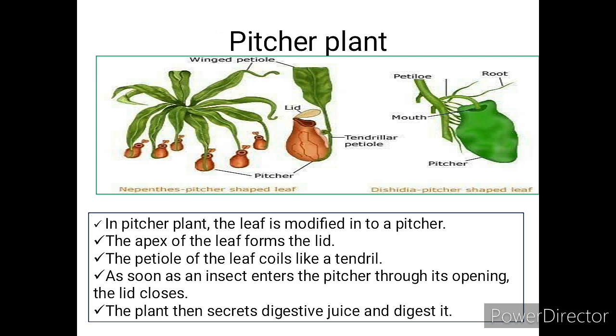Whenever an insect comes and sits on the surface of the bladder, it can sense it, it is very sensitive, and the lid gets closed. Once the lid is closed, digestive enzymes are secreted inside the surface of the bladder and digest the insects. Some examples are bladderwort and pitcher plants.